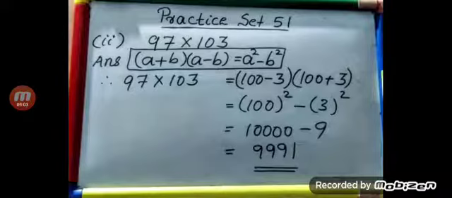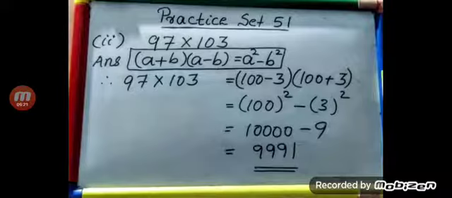Now, this is in the form a plus b into a minus b or a minus b into a plus b. In place of a, here it is 100 and in place of b it is 3. As per the formula, a plus b into a minus b is a square minus b square.